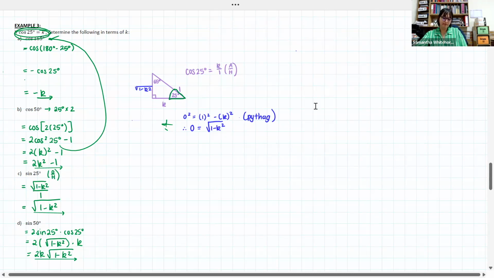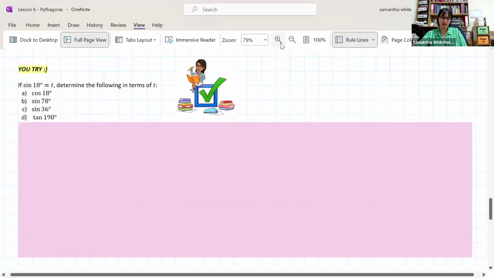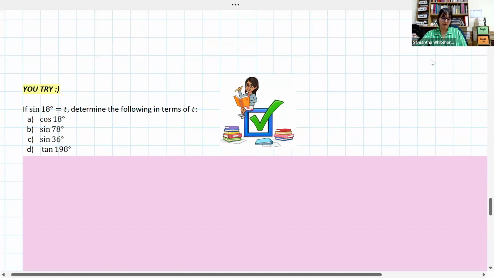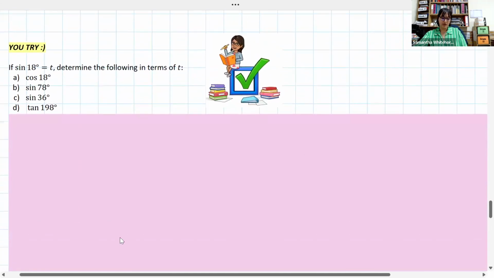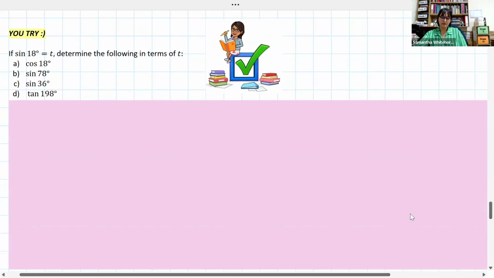Right, so give these 4 a try. I don't think you need more than 5 minutes, even though it's 4 questions. The first couple aren't too tricky. Like I say, 5 minutes, and then we'll see where you guys are at.